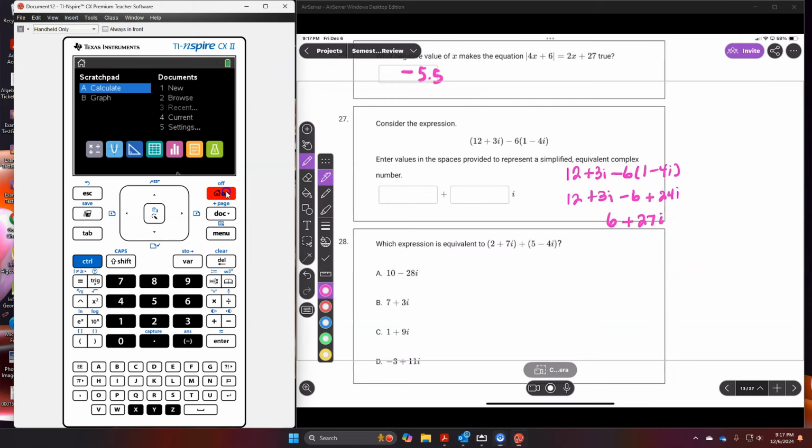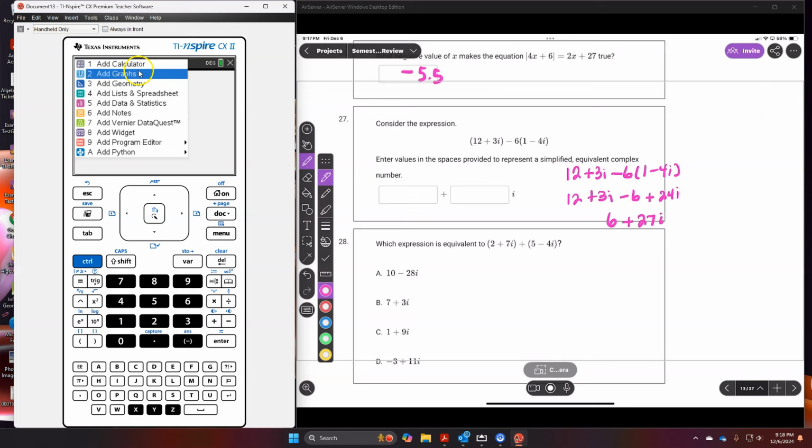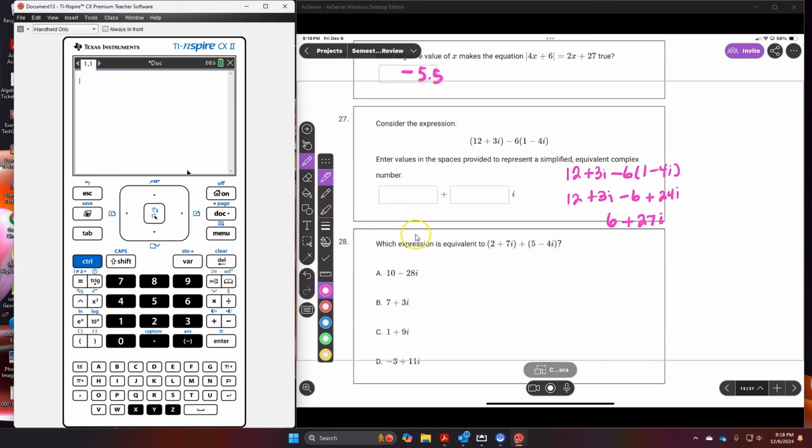Remember to use your calculator to check. Always use your calculator to check. That's what I taught you in class. So parentheses 12 plus 3i minus 6, parentheses 1 minus 4i. Press enter. And I think that's what we got, 6 plus 27i.